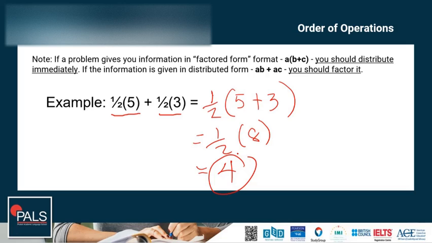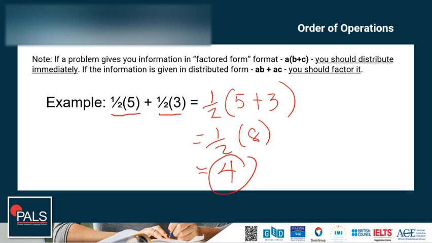So this sequence is much easier than finding half of 5 and then finding half of 3. Actually, the question that you should ask yourself is, why do more work than necessary? If you can find a better way to solve the problem, then use it rather than working the way that is quite complicated.